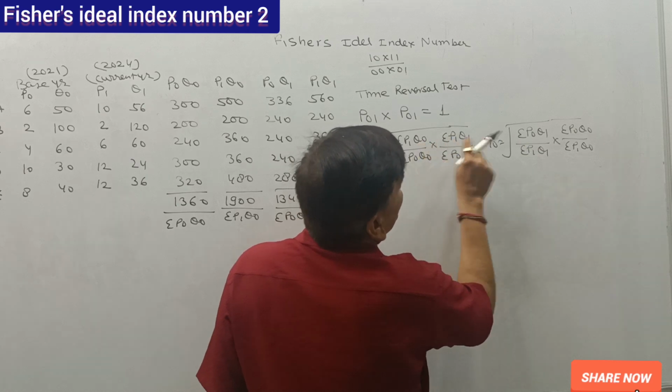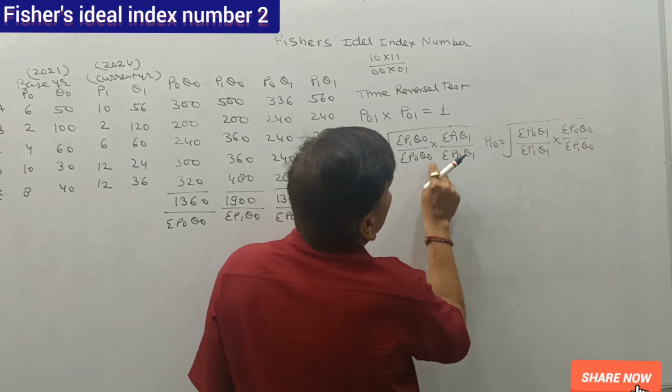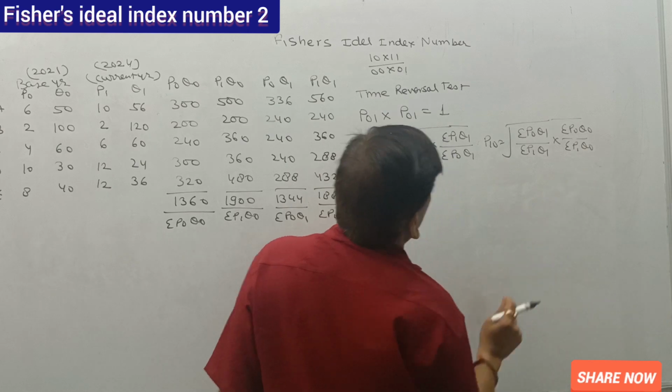1 to 0, 0 to 1: 1 1 0 0, 0 0 1 1, 0 1 1 0.